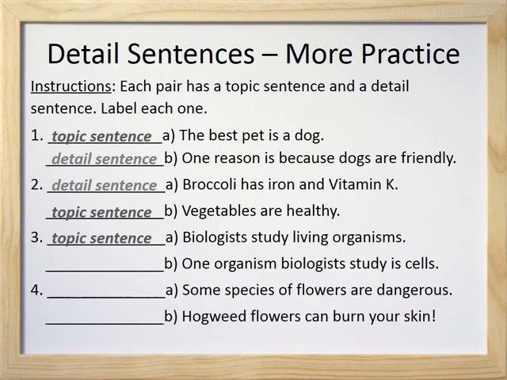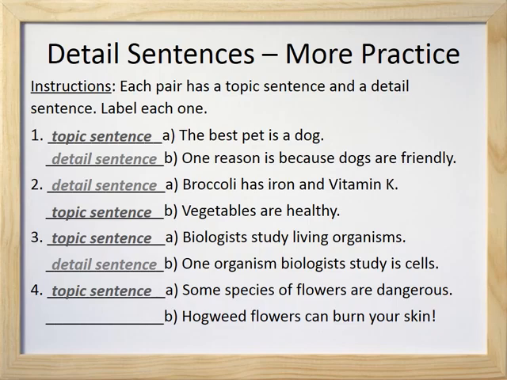Number 3, A is a topic sentence and B is a detail sentence. Why? Well, the topic sentence A says biologists study living organisms, and detail sentence B gives us an example of an organism that biologists study. Detail sentence B says one organism biologists study is cells.